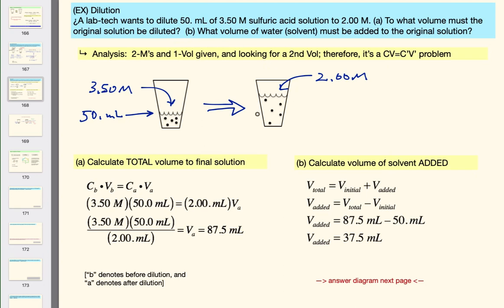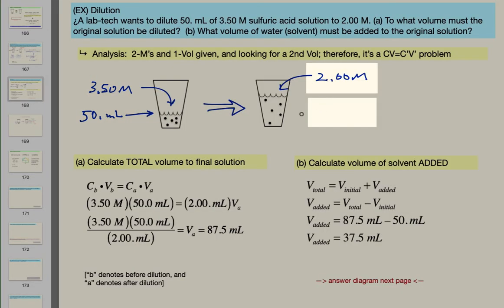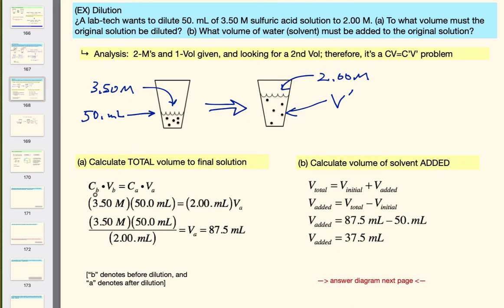Well, that's easy enough. We can see that we have a concentration and a volume before, and we have a concentration, and we need to know the volume at the end. So we merely substitute in C times V equals C times V. Okay, here I use A's and B's for before and after as opposed to unprimed and primed, it's the same difference.